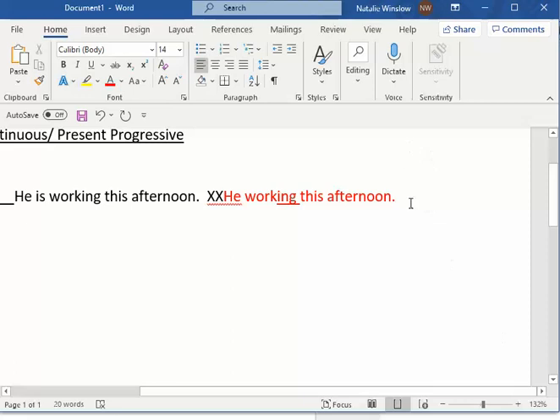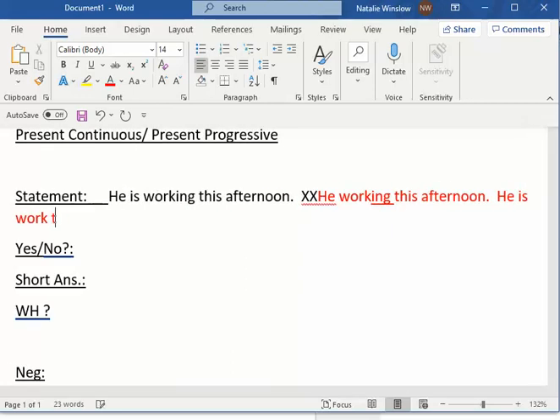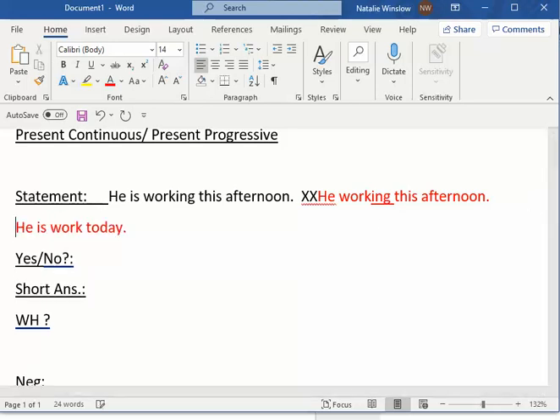The other mistake that students very often make with the present progressive is they say, he is work today.